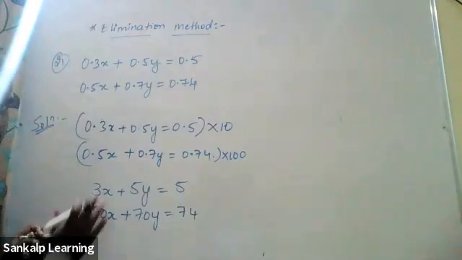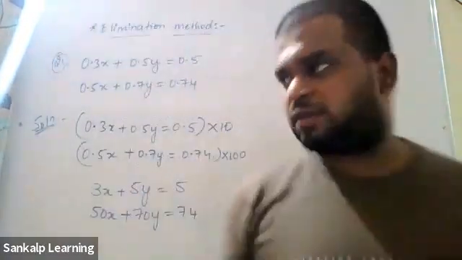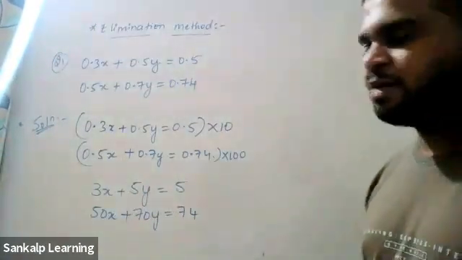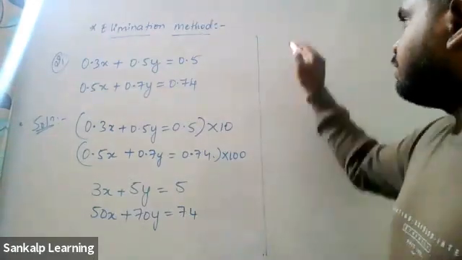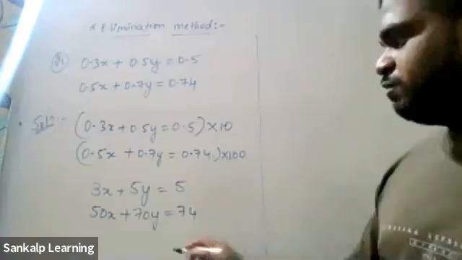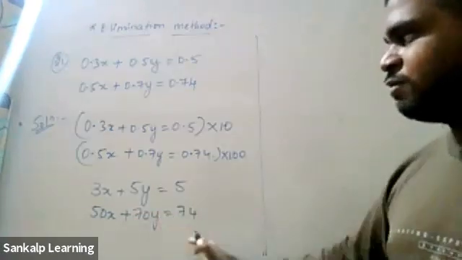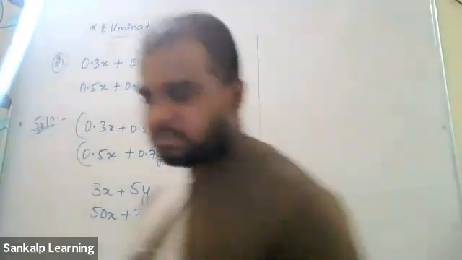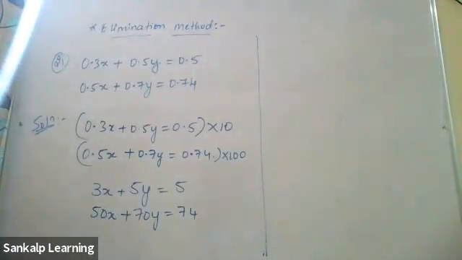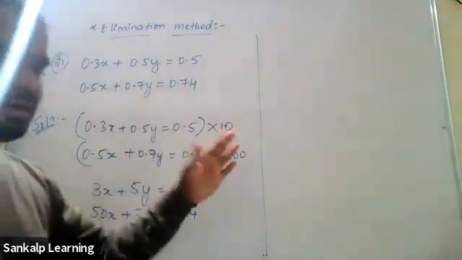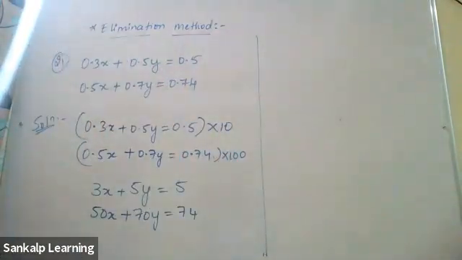You got the original form, right? So 3x plus 5y is equal to 5, 50x plus 70y is equal to 74. From here you can solve it. People who have attended for the first time, if there are decimals, we have to convert them by multiplying by 10 or 100 depending on the decimal digits.